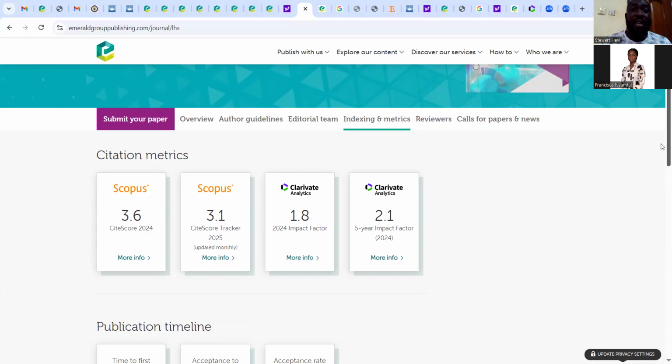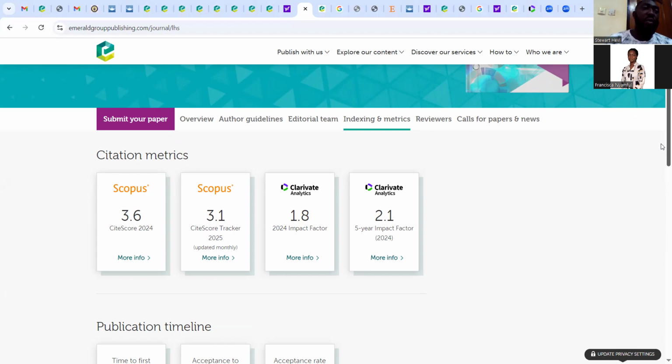Impact simply means to what extent other people have looked at your work, to what extent they have used it to write their own works. It has to do with how impactful the journal has been to the academic community.